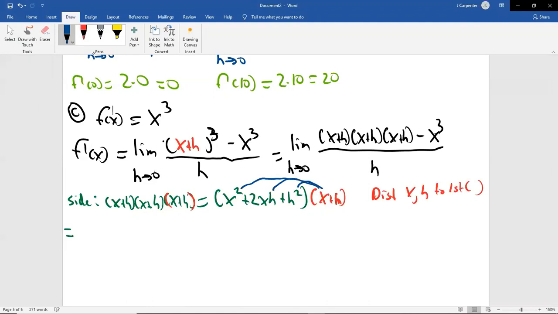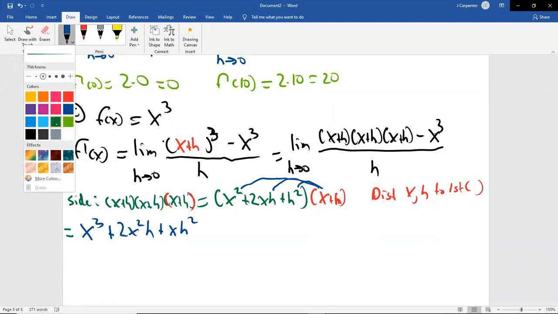The x times the x squared is x cubed. That's the first in each parentheses. Then the 2xh times the x, that's a plus 2x squared h. Again, that was the middle term times the red x. Then the h squared times the x would be a plus x h squared.